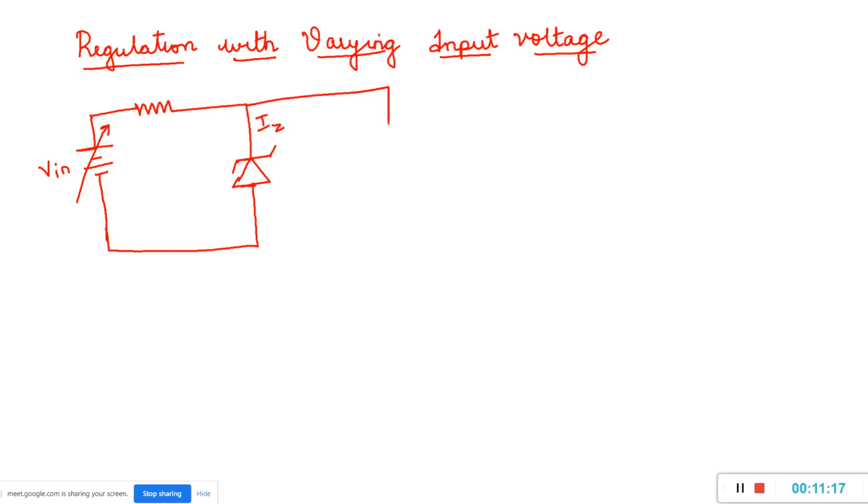Then here we have load resistance RL, and IL. So this is a constant IL. We measure the output voltage V0 here. V0 is equal to Vz. So this is a very simple circuit, same circuit with a varying input voltage.